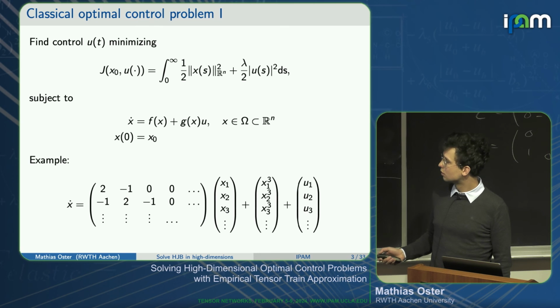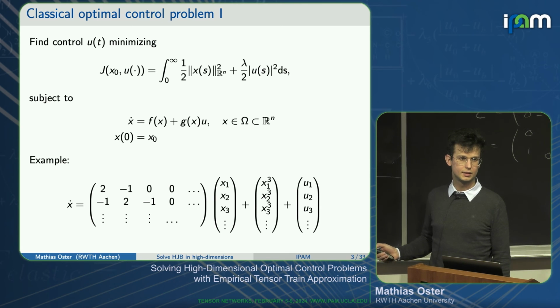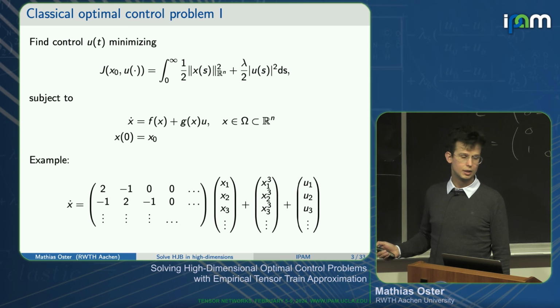G(x) is a function from Rn to R, right? Here, yeah. The important thing is that the control here enters only linearly, and here quadratically. And this will make things very easy later for us. But this is the general control setting we would be interested in later.